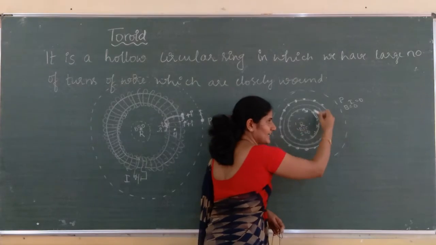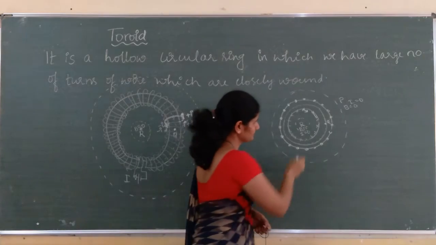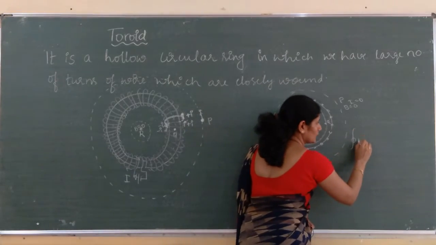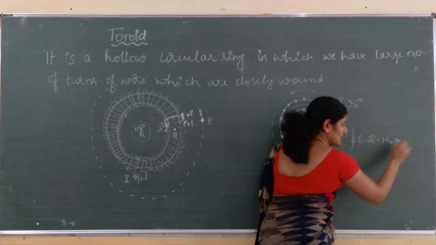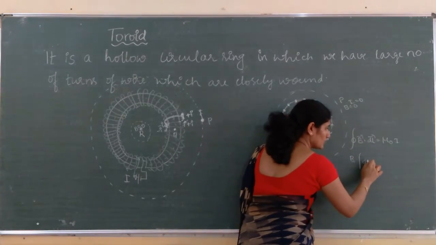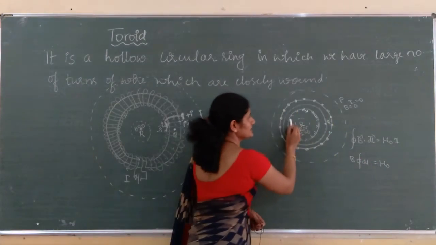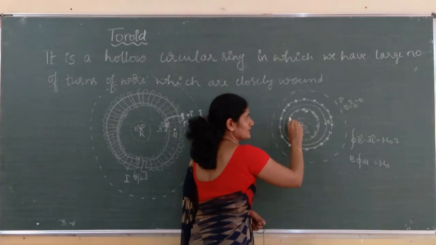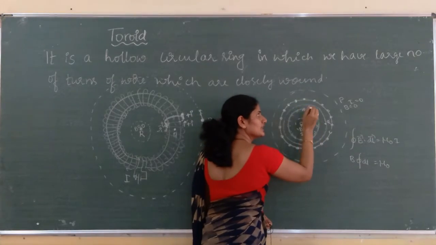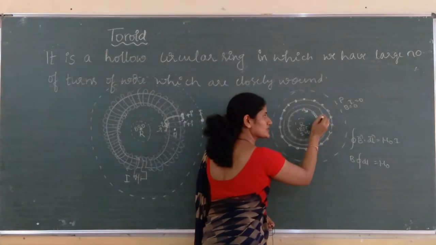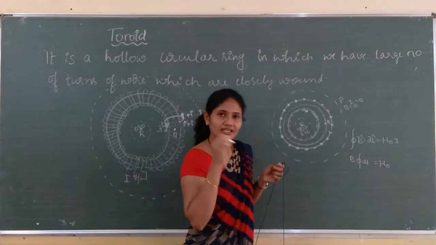So, the net current I is the sum of all the currents. Using Ampere's circuital law, B vector dot dl vector is equal to mu naught into I. What is I? I is the current which is going into the plane. Here also current is going in, here also. So, we can add all the currents because they are in the same direction.